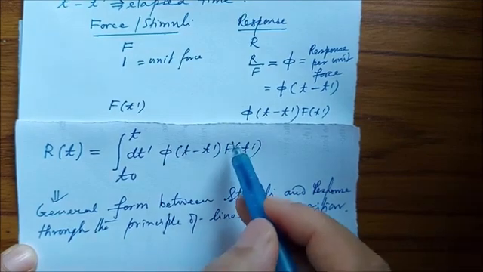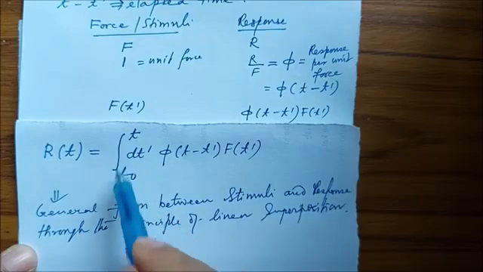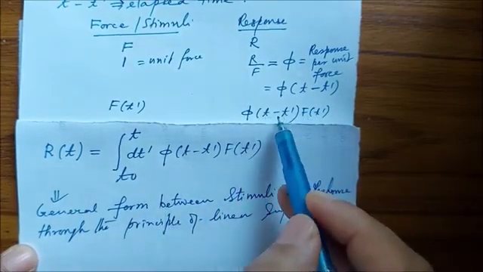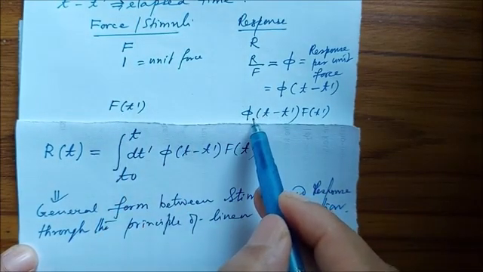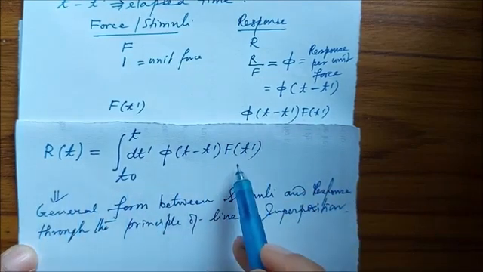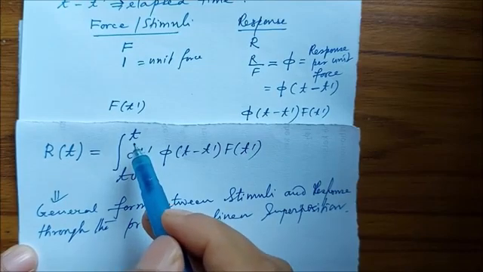Linear because f is to the power 1, superposition because we have used the integration sign, and this is the response corresponding to this stimuli, and we have to integrate or add over all the responses, and therefore we end up with this expression from t0 to the present time of measurement.